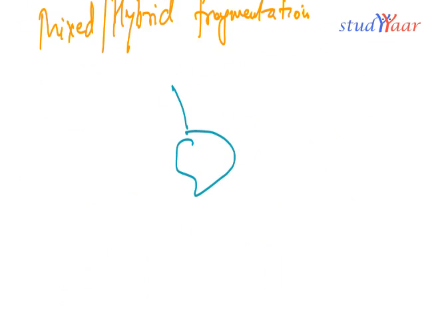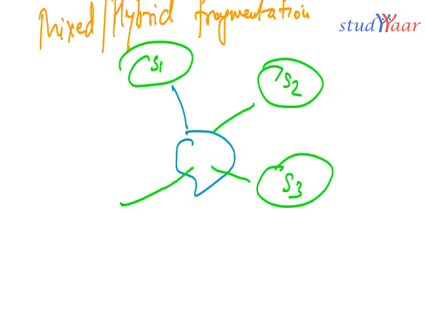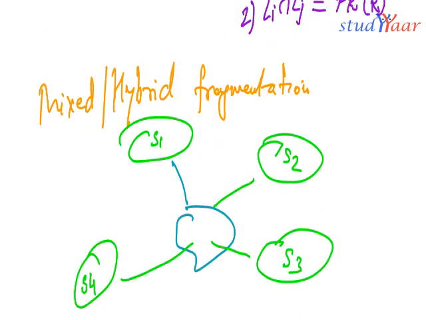Let's do it in a different color. I have site 1, site 2, let's call them S1, S2, I have site 3, and I have site 4.